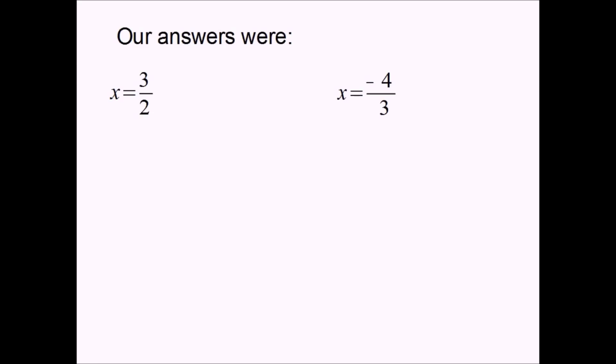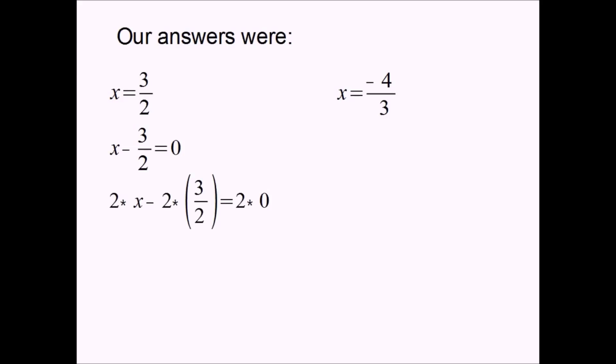We take our answers, and just like last time, I want them both to be equal to 0. So we'll subtract 3 halves from both sides. And we'll just manipulate this one first. As I said, no one ever factors with fractions, so I need to get rid of the fractions. So we're going to use this algebra trick that is known as clearing the fractions.